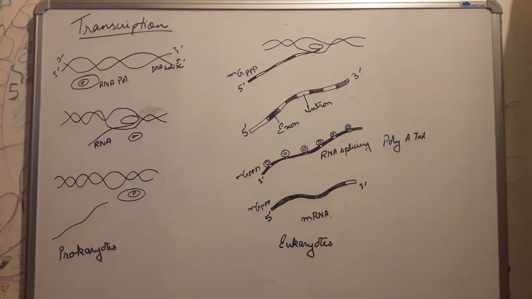That particular thing is known as the capping process. Now this cap actually protects the mRNA from degradation by nucleases and provides a ribosome binding site. Okay, and the second process is the tailing process at the 3' end.